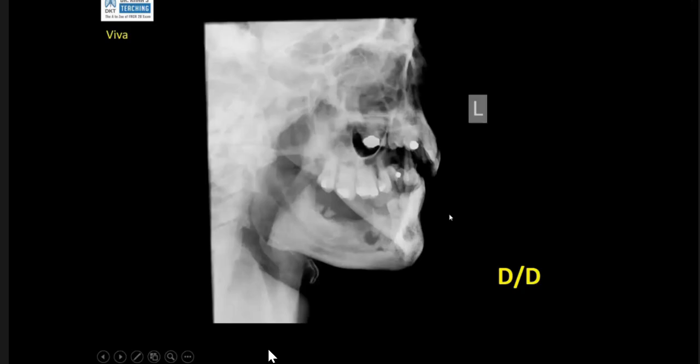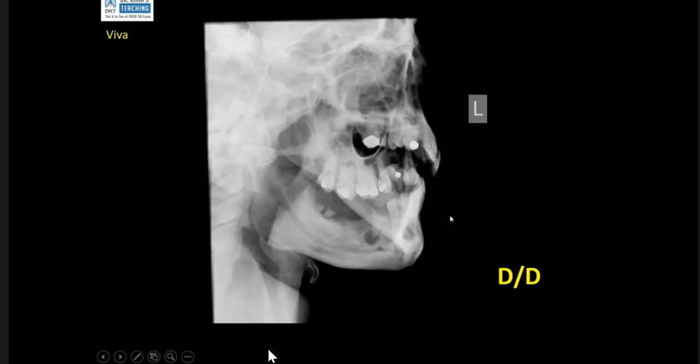This is the lateral radiograph of the head and neck. There is a unilocular non-expansile lucency around the apex of, I think, the tooth on the right side.